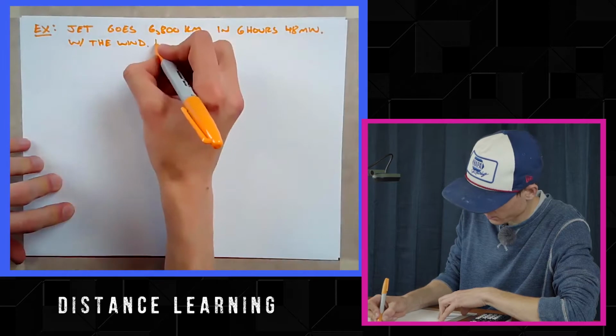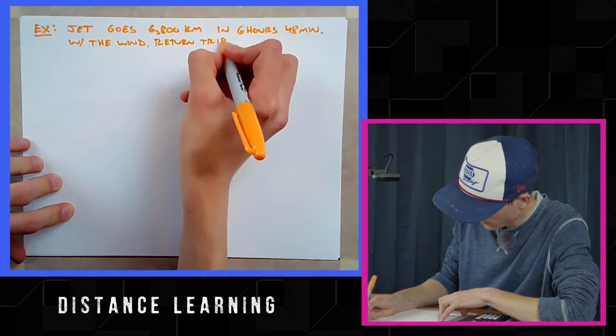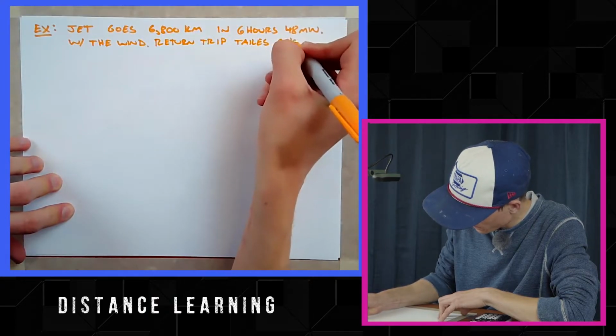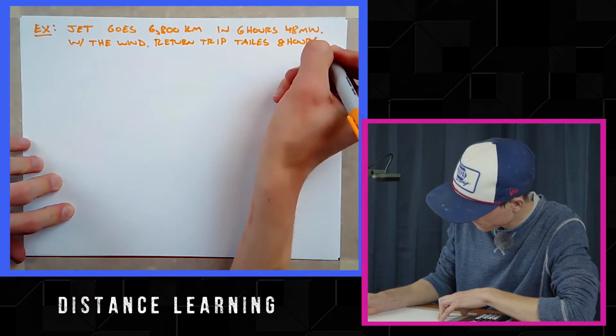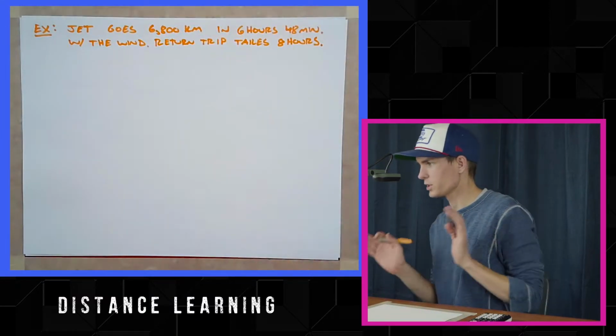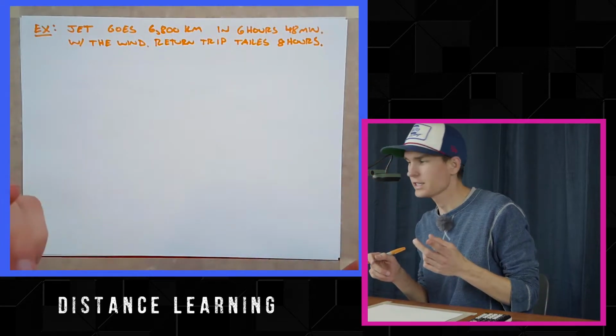The return trip takes 8 hours. So obviously that's against the wind. It's going to go a little bit slower because the wind is being like, you shall not pass.